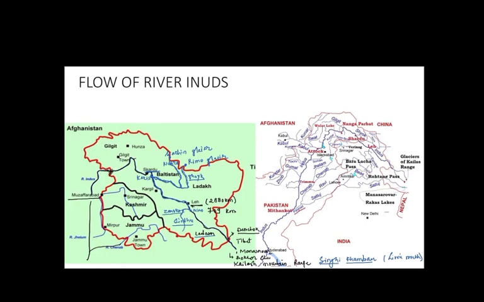As Indus continues its northwestern course, it is again joined by river Hunza. Hunza is a river in this Gilgit Baltistan region. So Hunza is coming from the Karakoram range.